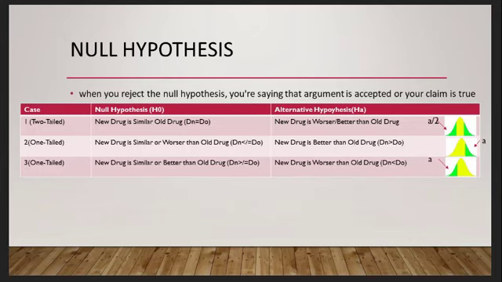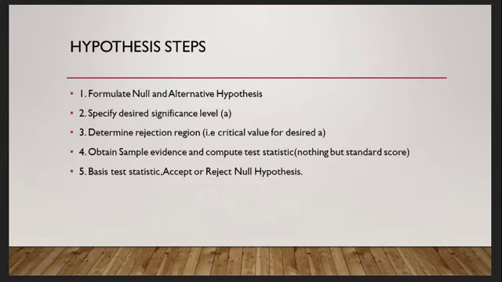In future days, we will have a review of what we learned so far, and you need to prepare a checklist for the analyzing process. But the hypothesis steps: Number one, formulate a null and alternative hypothesis. Number two, specify the desired significance level, I mean alpha space.